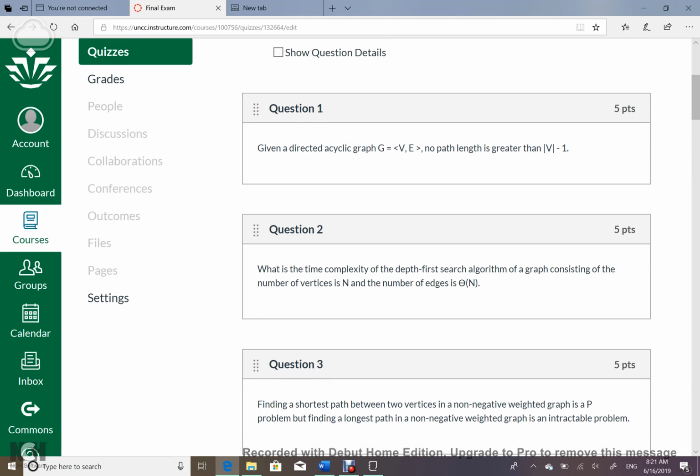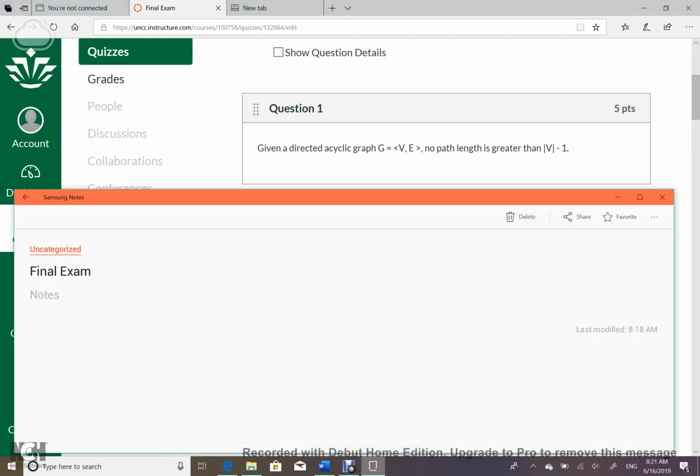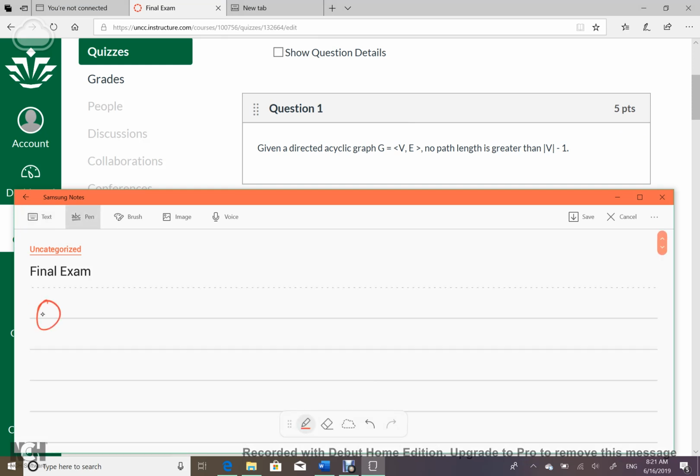Let's write it down here. Question 1. Let's say we do not think about the graph. Let's say we have numbers 1, 2, 3, 4, 5, 6, and let's say we only have 7, because there's not much space.